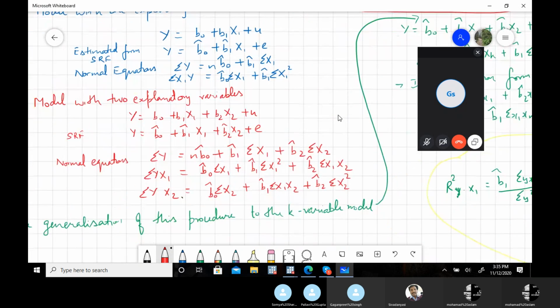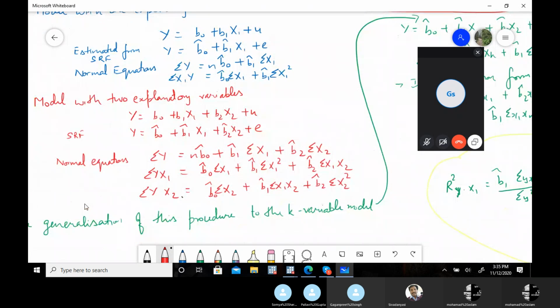Although the process is that we get these normal equations by differentiating the summation of squared residuals with respect to beta 0, beta 1, beta 2, directly you can use this simple method: just multiply with the individual independent variables.